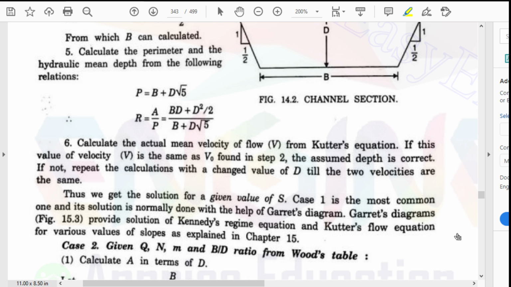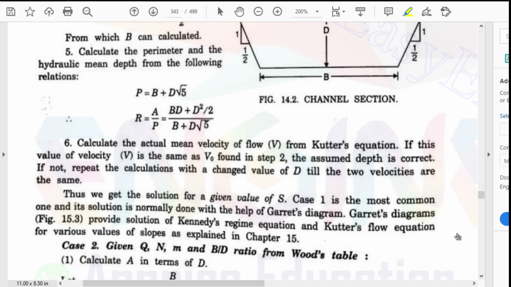So what is Kutter's equation? I'll explain that equation. You have to remember all the equations for this. This Kutter equation is from the hydraulics subject, so I'll only dictate the equation for this.